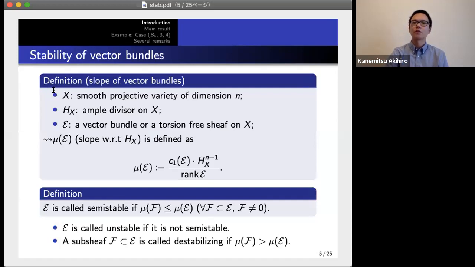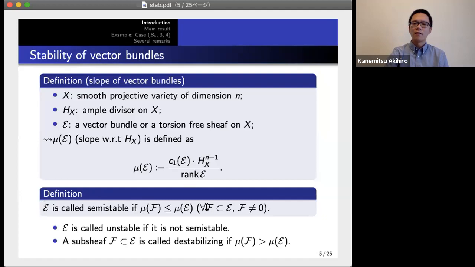So let X be a smooth projective variety of dimension n, and H_X be an ample divisor on X. And suppose that we are given a vector bundle E, or more generally, a torsion-free sheaf on X. Okay, then the slope of E is defined as the average degree of the first Chern class of E. So the slope mu of E is the quotient of the degree of the first Chern class of E by the rank of E. Then this bundle E is called semi-stable if this condition holds.